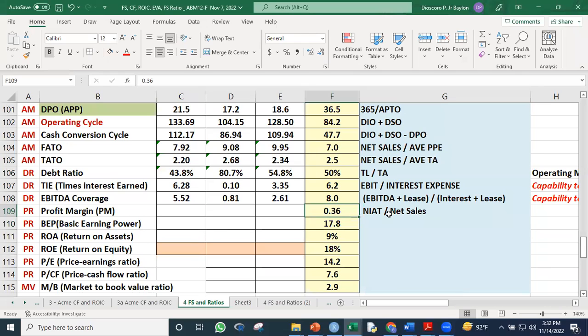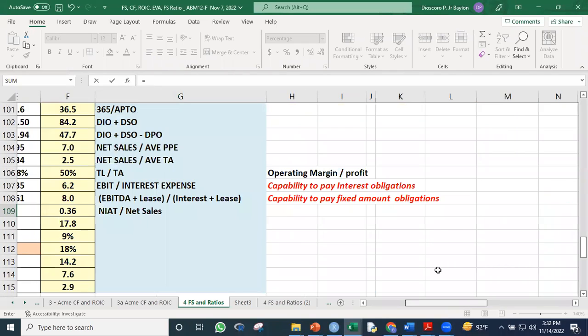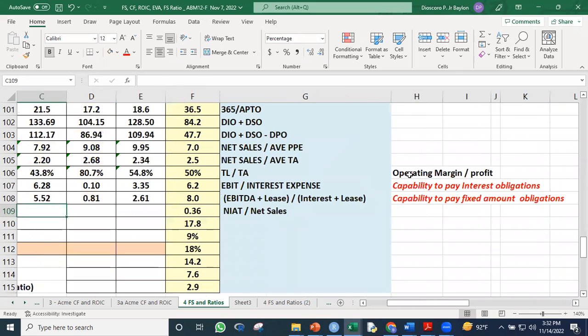Okay, so what does this mean? It means that for every peso of sales, ilan yung profit natin? Yun ang profit margin natin. Now, iba to sa operating margin. Kasi ang operating margin, di ba, EBIT divided by sales. Sorry, baka malito kayo.